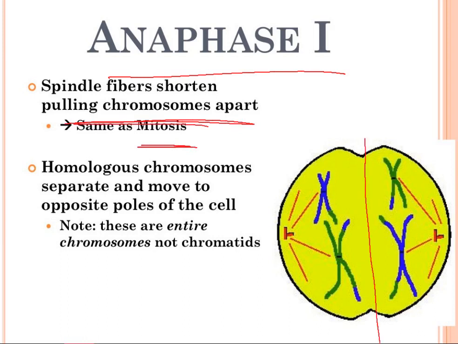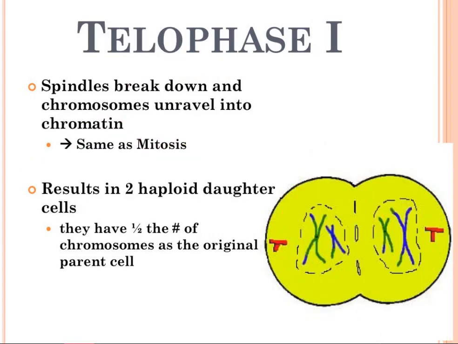So you have a full chromosome here. You don't have the chromatids. And then telophase 1, spindles break down, the chromosomes unravel, same as mitosis once again. But now they have half the number of chromosomes as the original cell, because the original cell had 4, and now each one of these has 2.